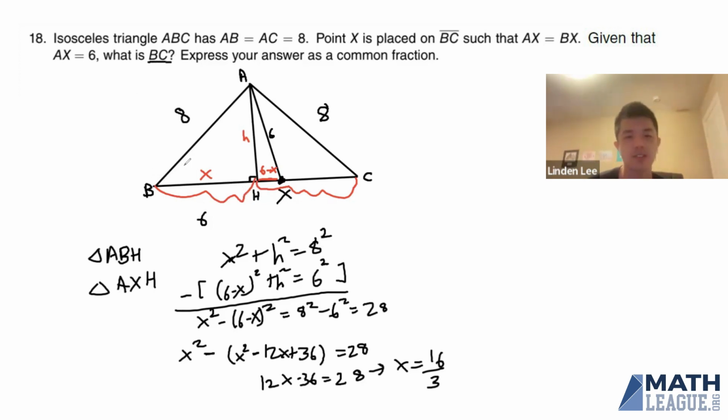We know what x is. We also know that x is exactly half of BC because of what we said before, where these two little red lengths that I drew both have length x, and together combined they make side BC, which means that BC is going to be equal to 2 times x, which is going to be equal to 32 divided by 3.